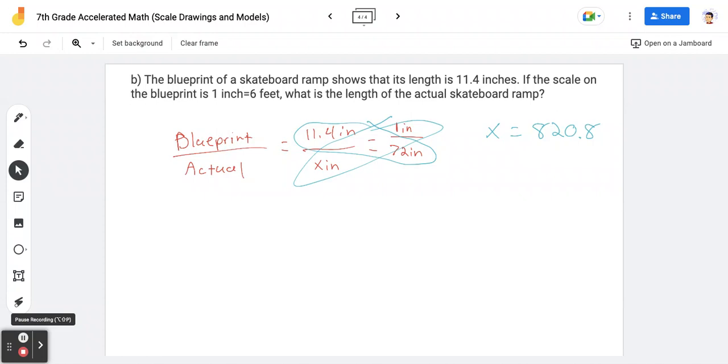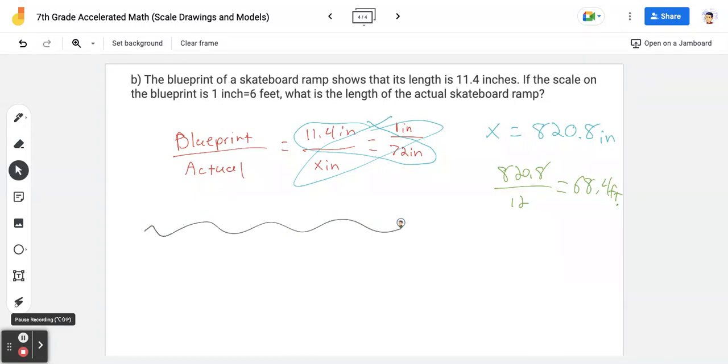And that's inches. If we wanted to know the length in feet, I take that 820.8 and divide it by 12, and I end up with 68.4 feet.